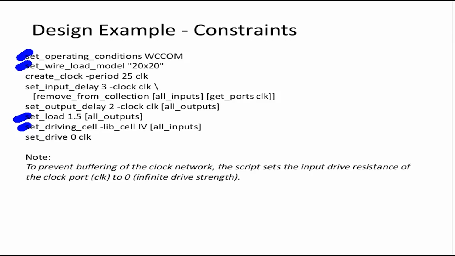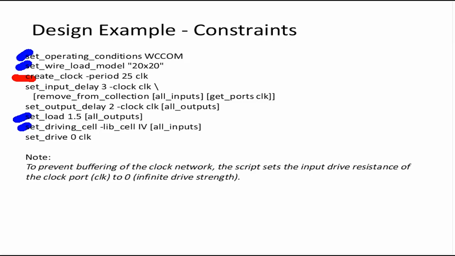Okay, let's look at the clock creation, and then we come to the timing constraints. Since the target frequency is 40 MHz, we create a clock of 25 ns period. One can ask how we define the units. Just go back to the library slides and see that the units are defined in the library itself.